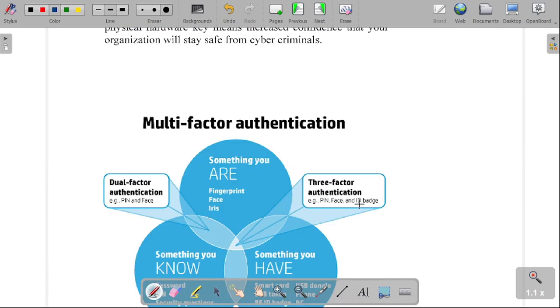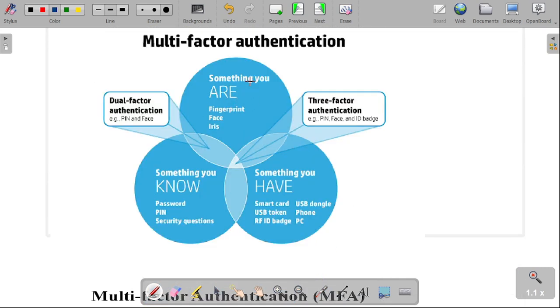Now you can see in this diagram there are three authentication mechanisms: something you are, something you know, and something you have. First, the user enters their username and password. That is something you know. In the case of something you are, the user uses their fingerprint scanner to identify themselves.